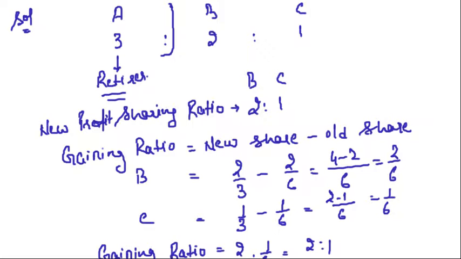When you have less time, you can give a small note that because we are not given the new profit sharing ratio, or the ratio in which the remaining partners are going to acquire the share of the retiring partner, the gaining ratio is always equal to the old ratio of the remaining partners. Is that clear, friends?